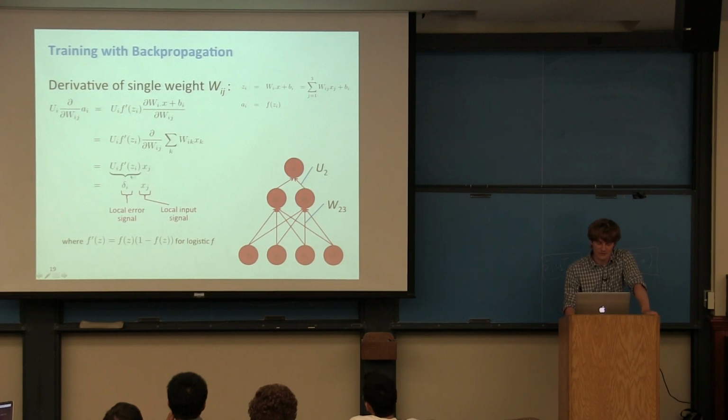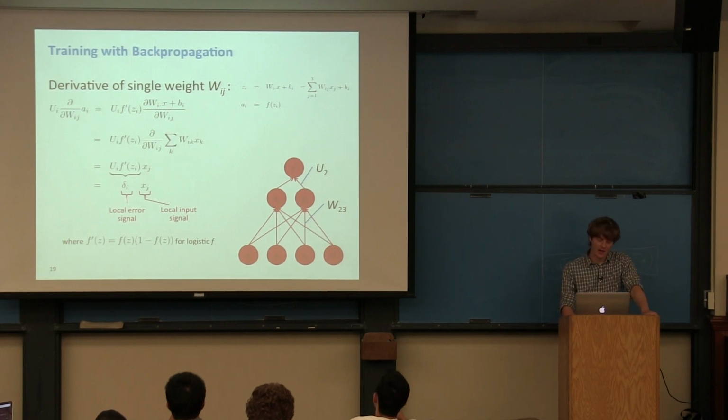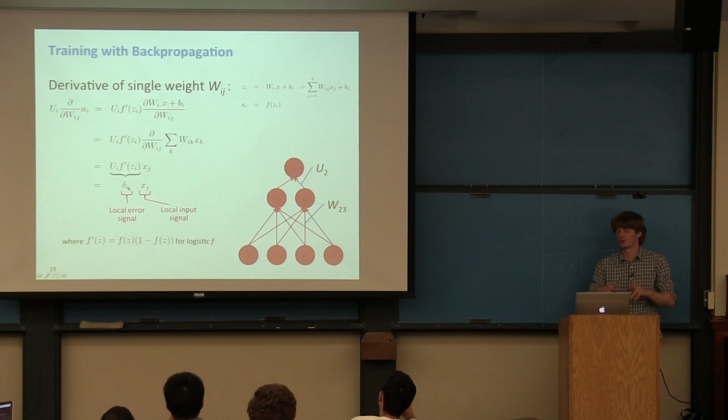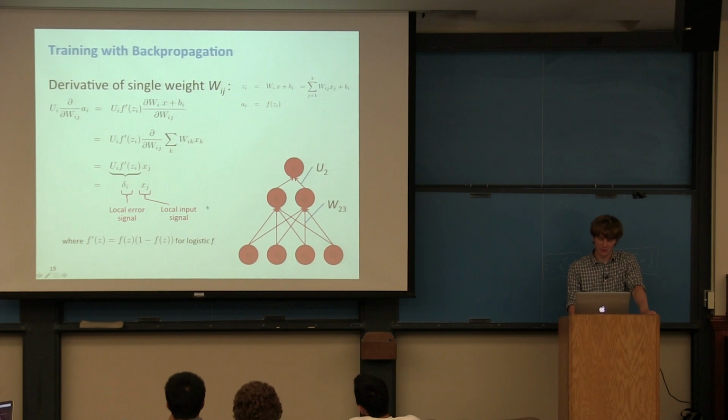And that, of course, is just xj for the jth element where this appears. So now we are going to define, and this is the first important step of backprop, ui times f prime of zi as a new local error signal. Sometimes you can also call it an error message. And that will be our delta I. And we have xj, which is our local input signal.